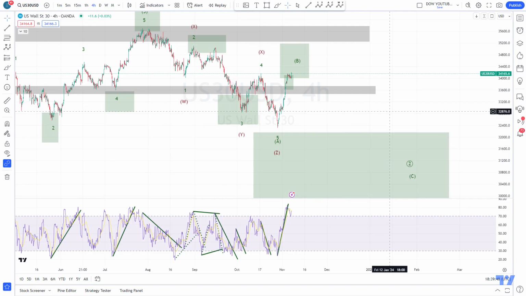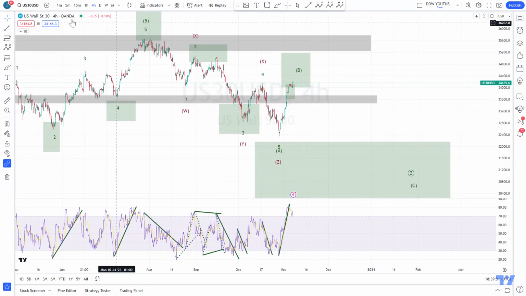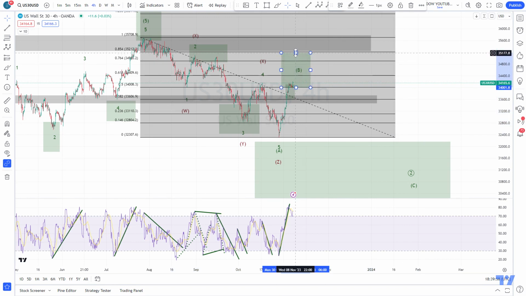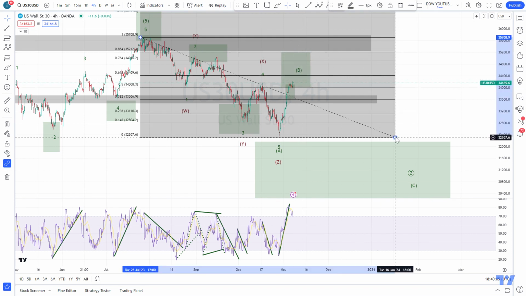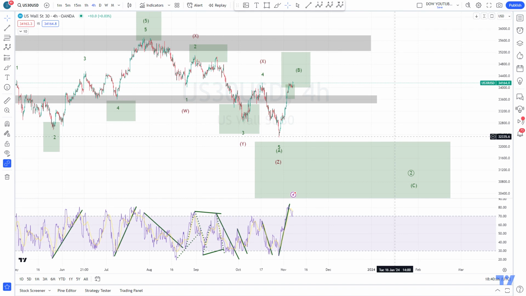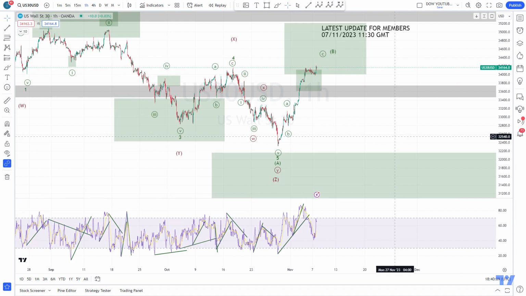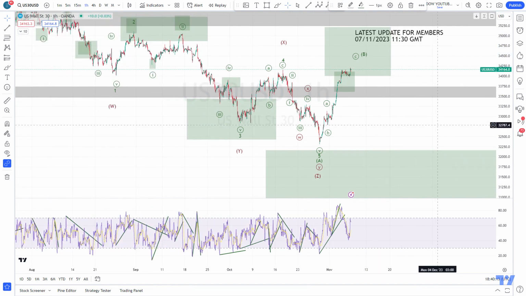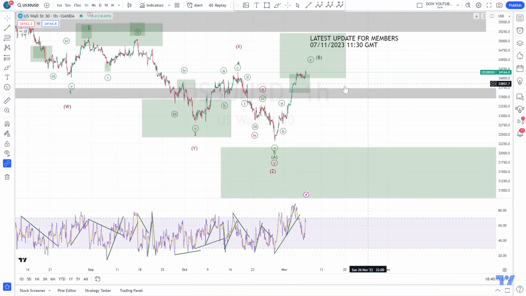So if we zoom out again here to the 4 hour, then if we take the length of our wave A, then we know that our wave B should go into the area between the 0.5 and the 0.854 FIB retracement. So we are in the wave B area. So actually we have enough for the Dow Jones. This could be the corrective move B.